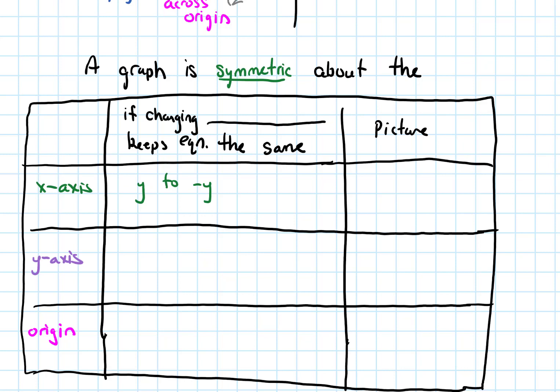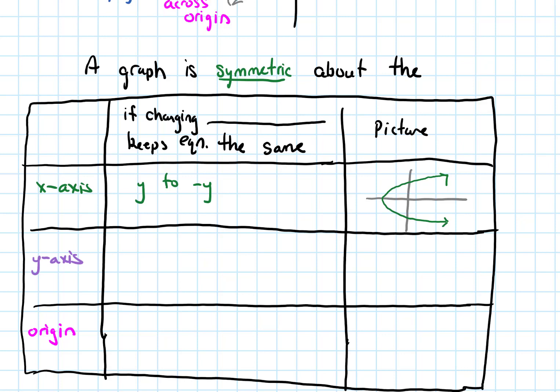A picture of this would be, if I draw some axes, symmetric about the x-axis would look something like, the graph has to be the mirror image of itself across the x-axis. Whatever it looks like on one side of the x-axis, it's got to be the mirror image of that on the other side. So maybe something like this. This would be symmetric about the x-axis.